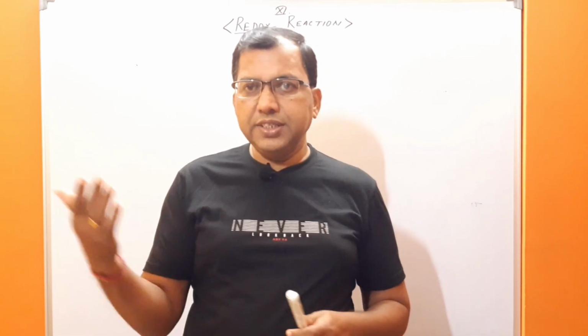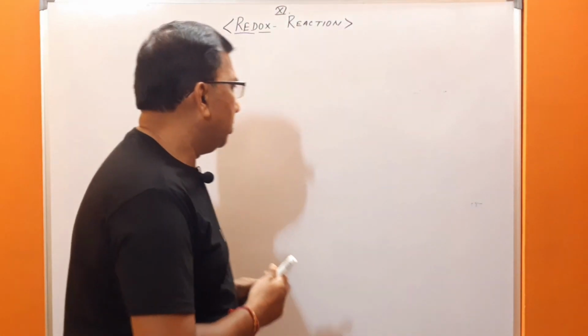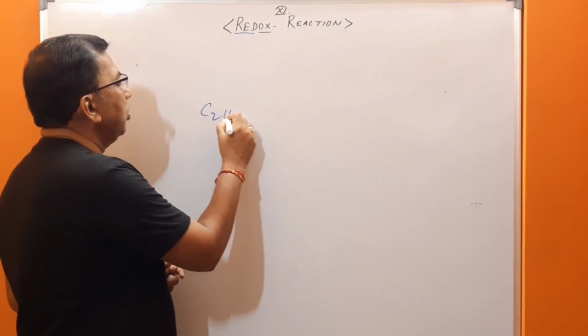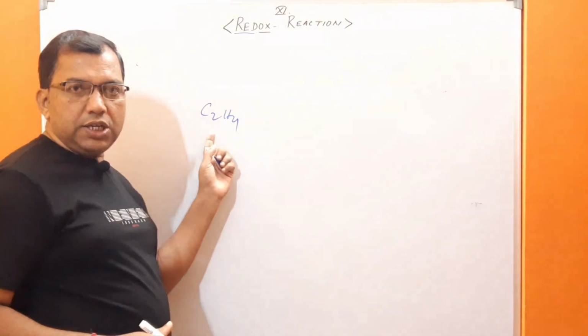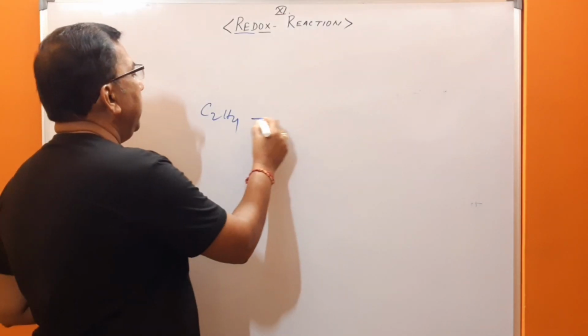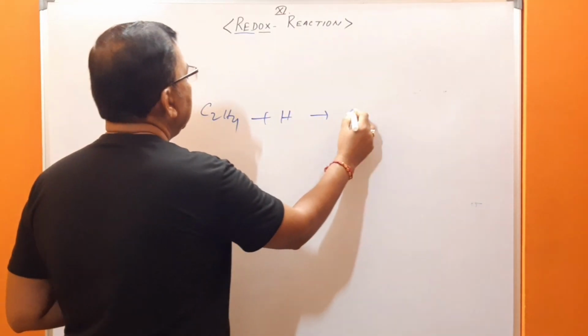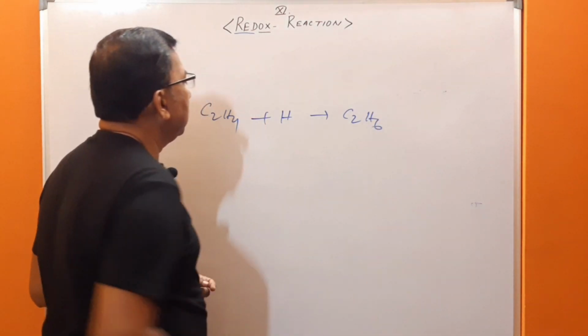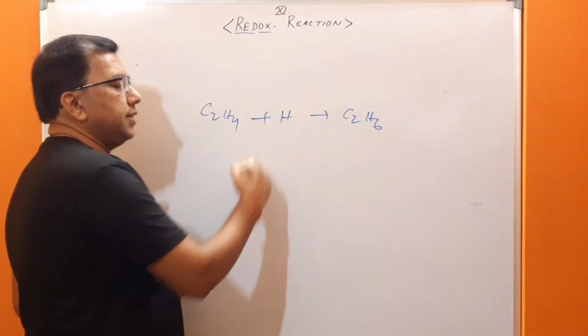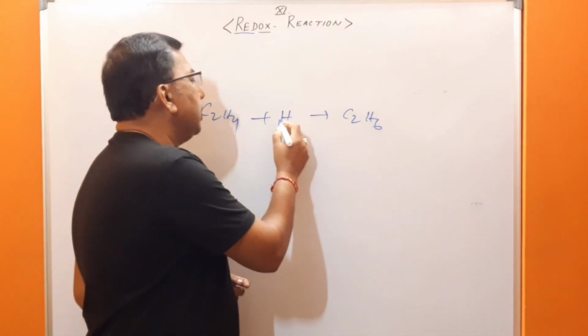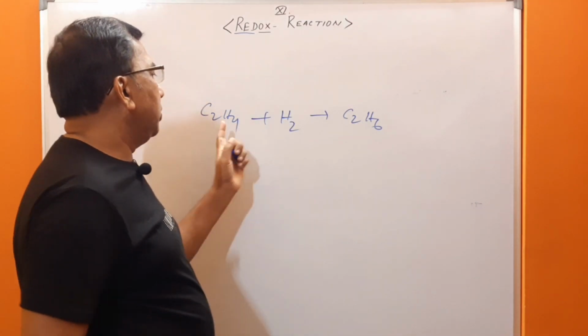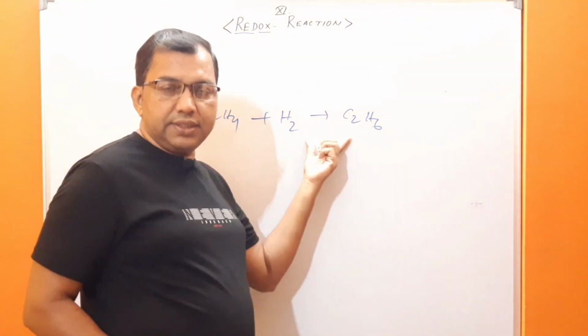In this case, hydrogen is added. C2H4 is CH2 double bond CH2. Here hydrogen is added, giving C2H6. So this process is known as reduction.